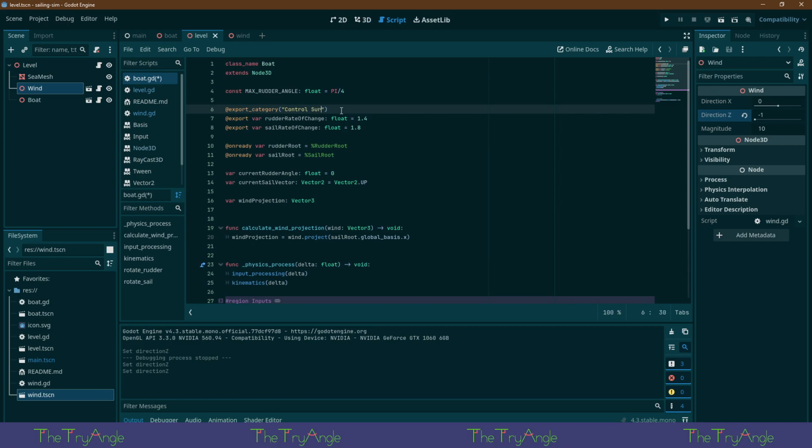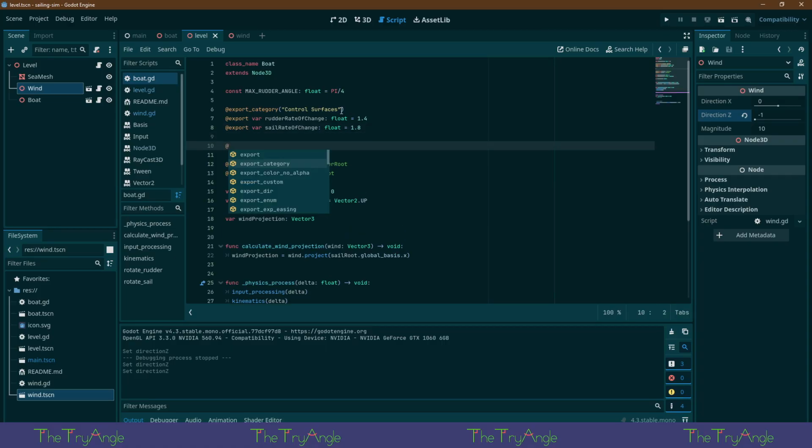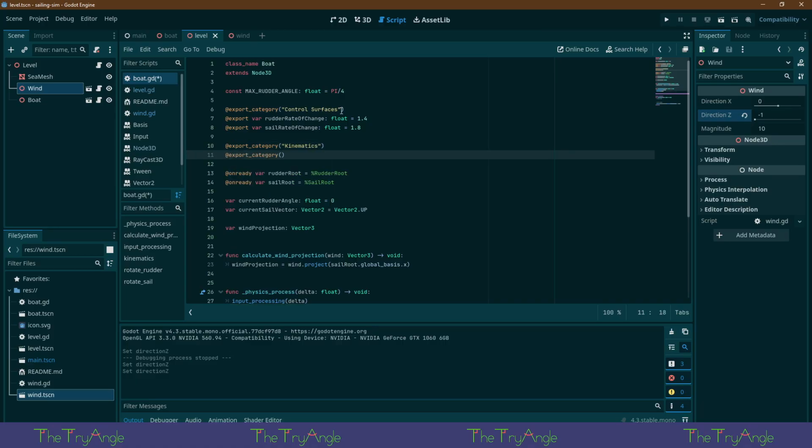I'm going to call this control surfaces. I don't know if that's the sailing term, but that's the aerospace term, and that's what I'm going to call it. And then this is going to be kinematics. Okay. Whoop.